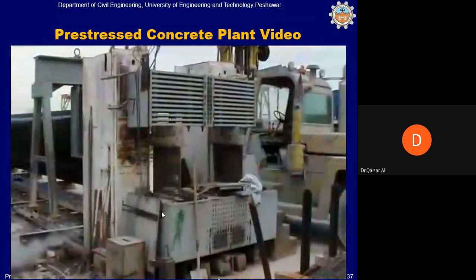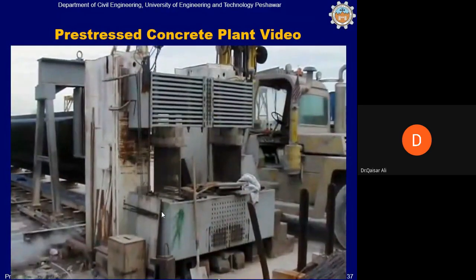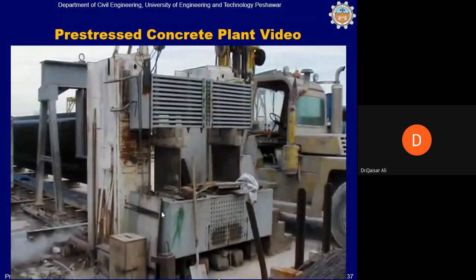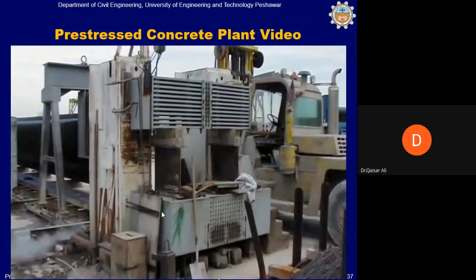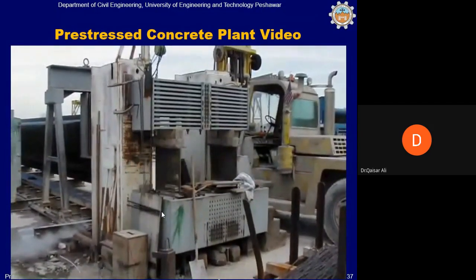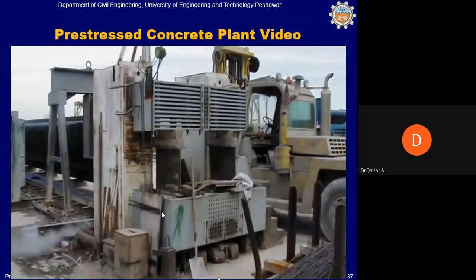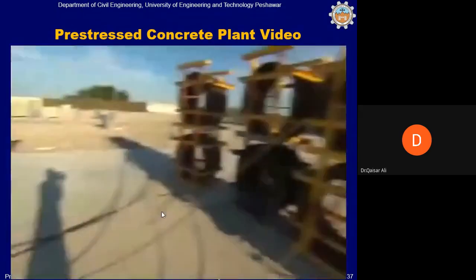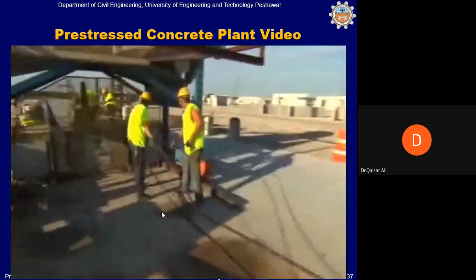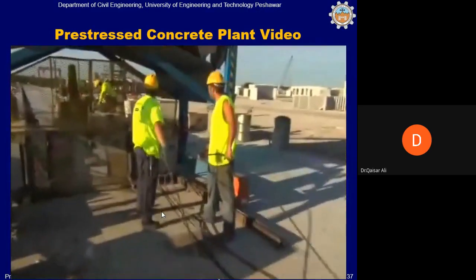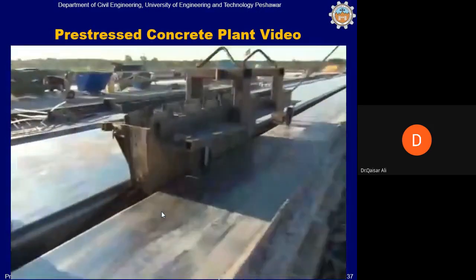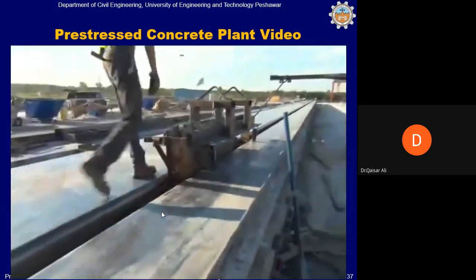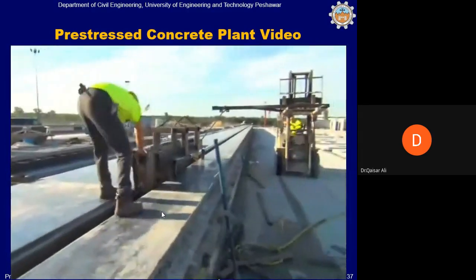Sometimes the producer may use a form that is set between bulkheads that are built right into the ground. The pre-stressing force is then resisted entirely by the bulkheads and their foundations. Next, the strands are placed in the form and extended from end to end. Crew members thread the strands through each of the dividers and then run them through the stressing plates at each end.